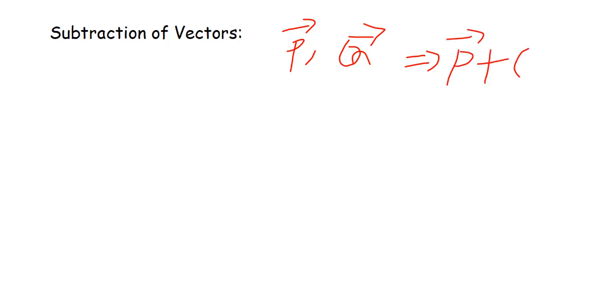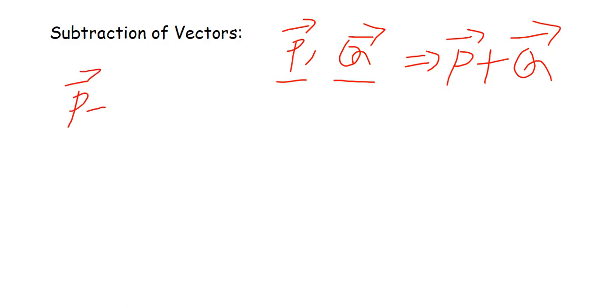Now we discuss subtraction of vectors. If two vectors p bar and q bar are given to you, how can you subtract? We write p bar minus q bar.